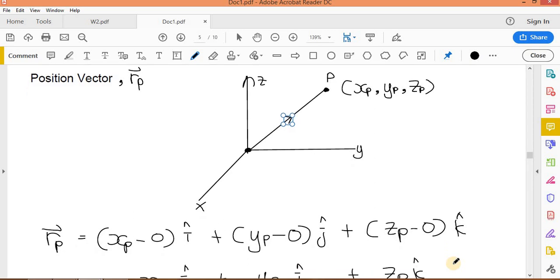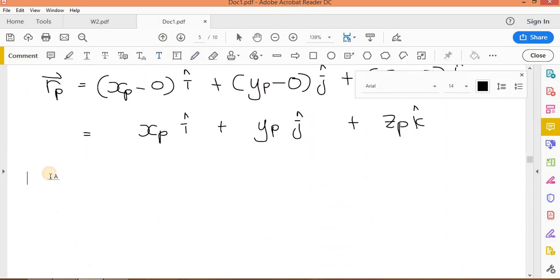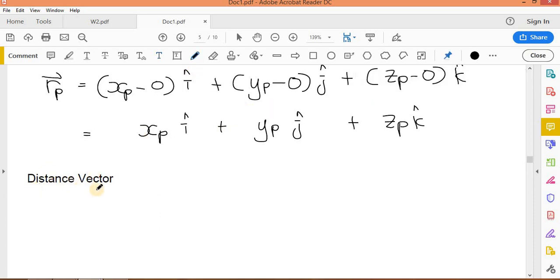Okay, so the next term is the distance vector. For the distance vector, distance normally involves 2 points.